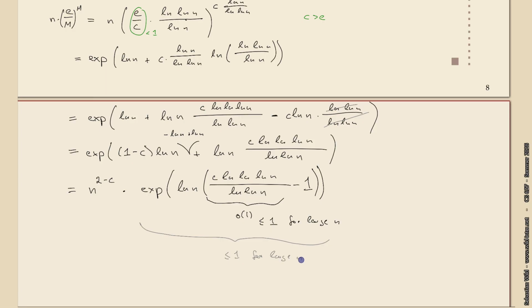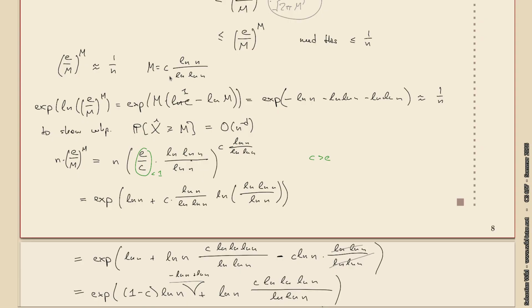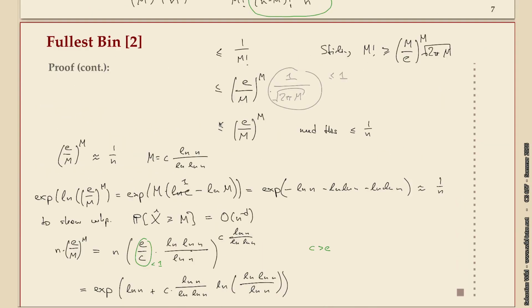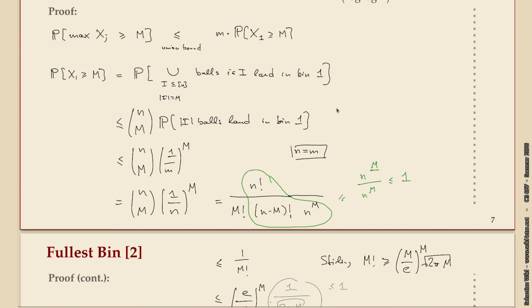Okay, so the key step was inserting plus minus 0, and that's why we get the factor 2 up front here. So for large enough n, the overall thing is n to the 2 minus c. And now you see c was the constant in front of m. Remember that the high probability bound says for every polynomial decay you want for the probability, there is a constant in front of the big O term that makes that true.